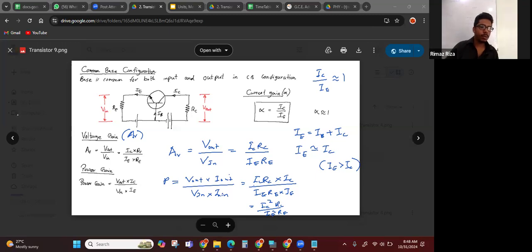So the power gain is equal to IC squared RC divided by IE squared RE.